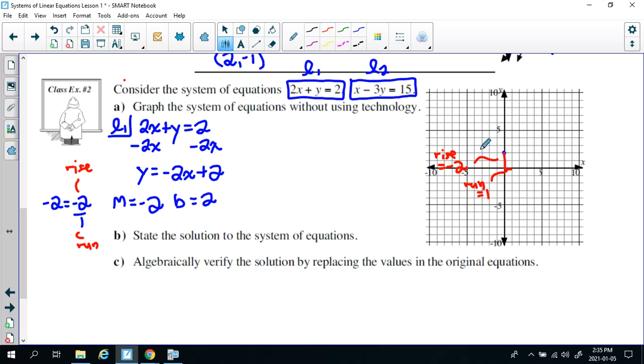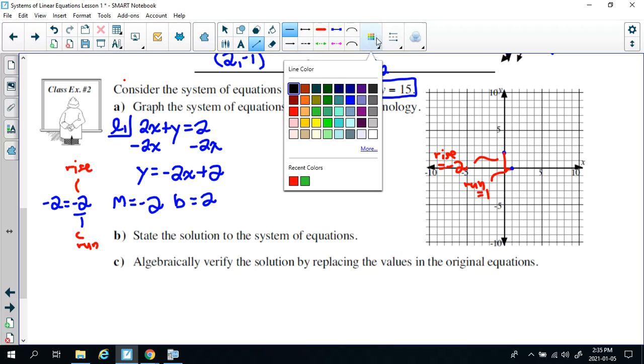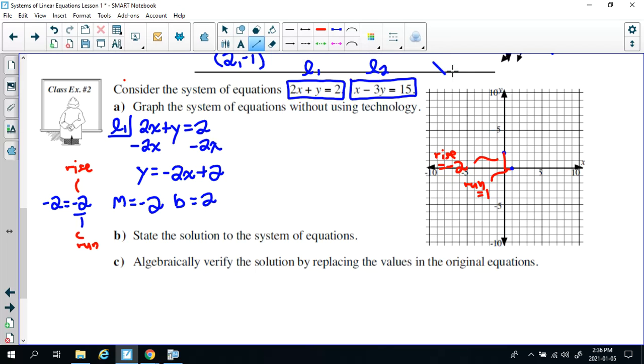And then I just need to connect the dots here. Okay, so I'll do it with a blue line. Okay, so let's grab a blue line. See if you can connect these dots. Again, this is going to be much easier for you to do. Let's see.